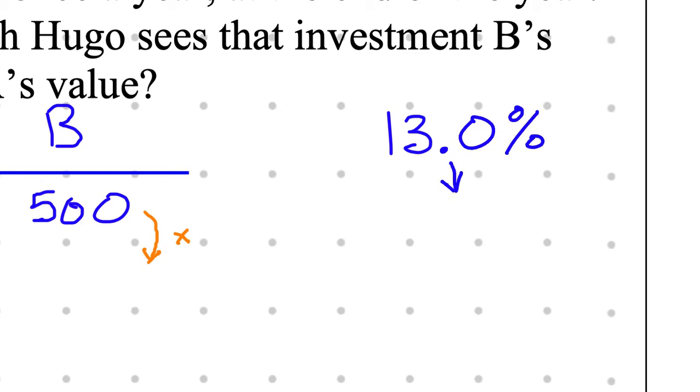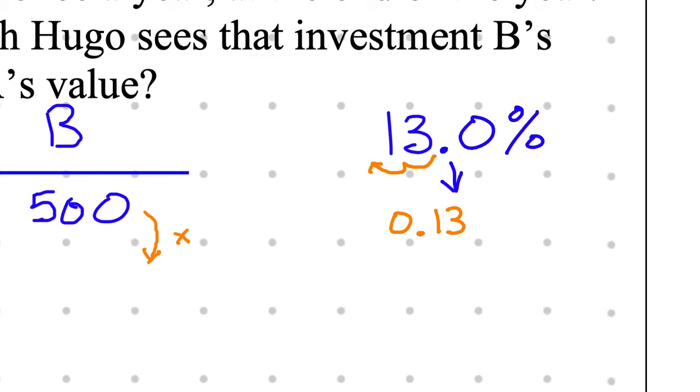In order to convert this into a decimal from a percent, I'm going to move the decimal 1 to the left, and this is now going to be 0.13, with that 0 in front just to let you know there's a decimal there. So this is the percent that is being added to the original.